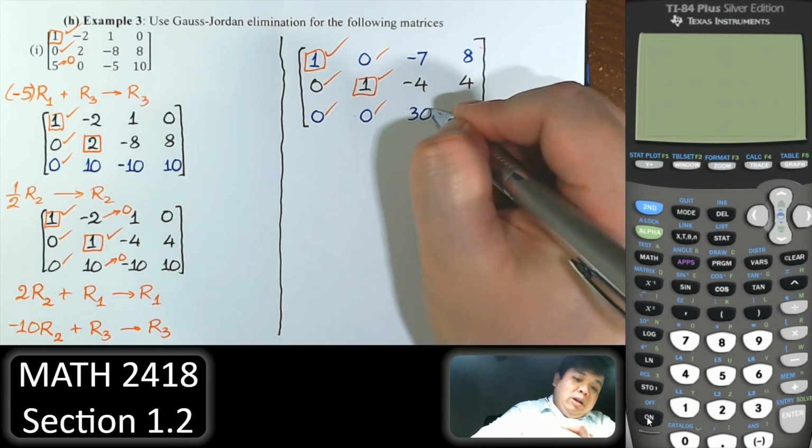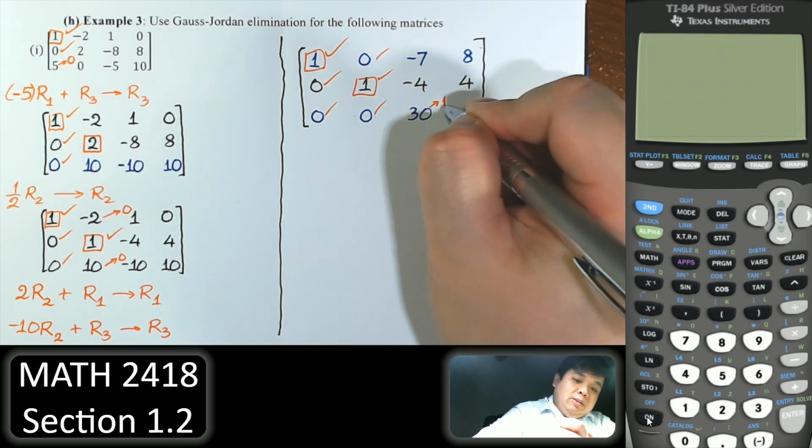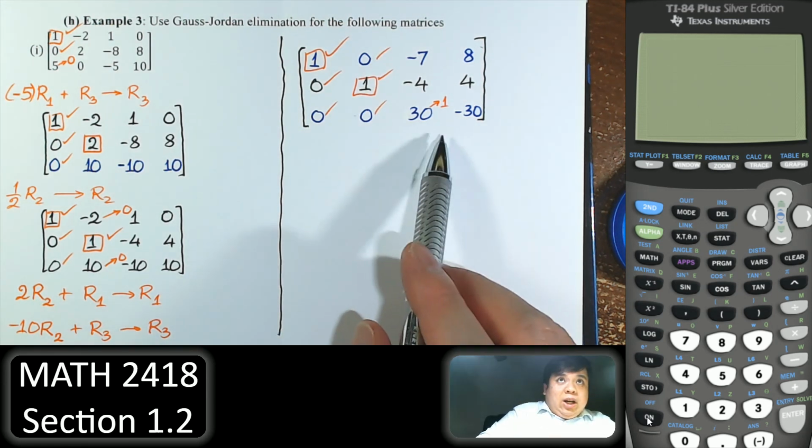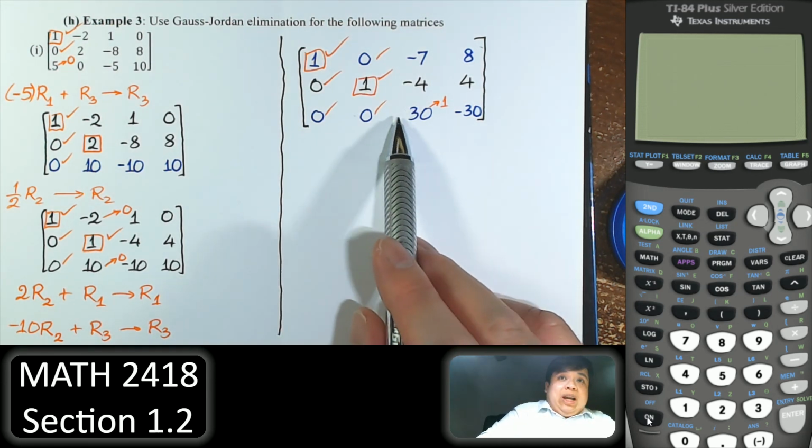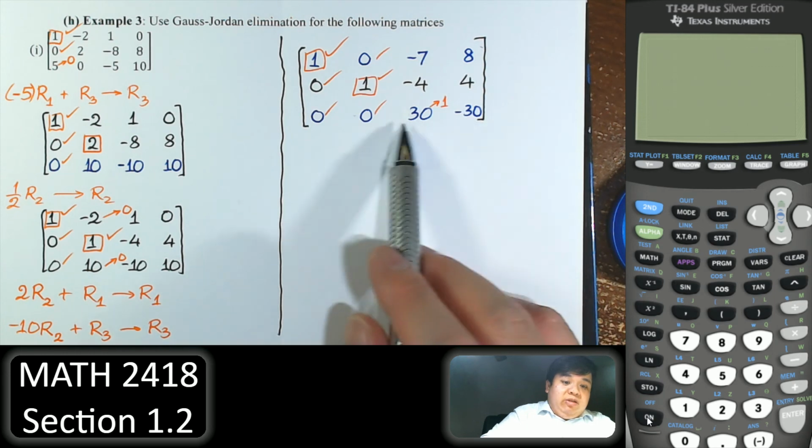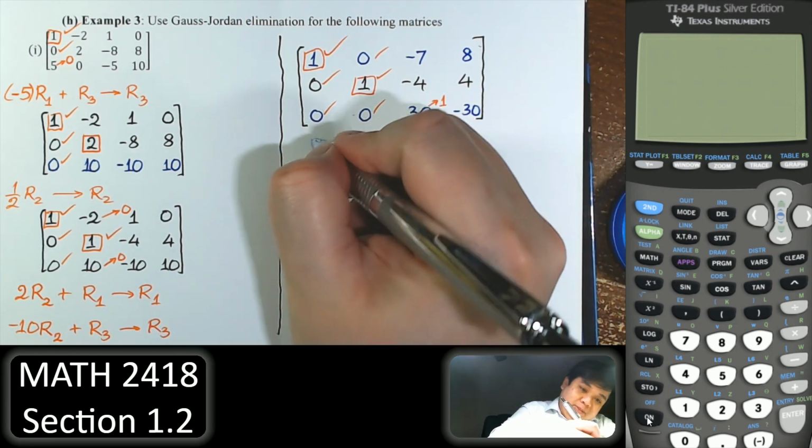Now this needs to be a pivot, so this needs to be 1. To get the 1, usually I just divide by the number, divide by 30, to get back to 1.